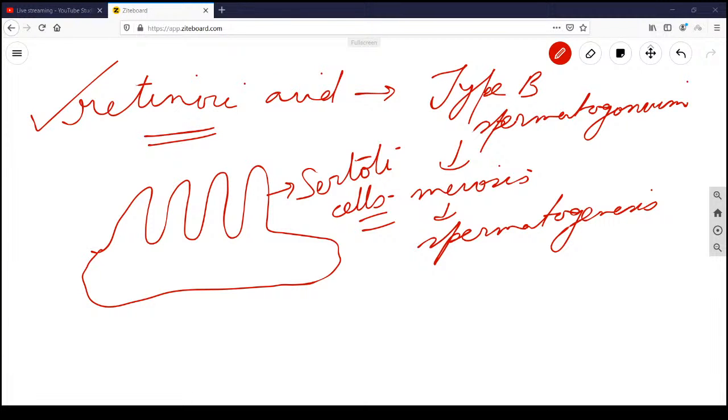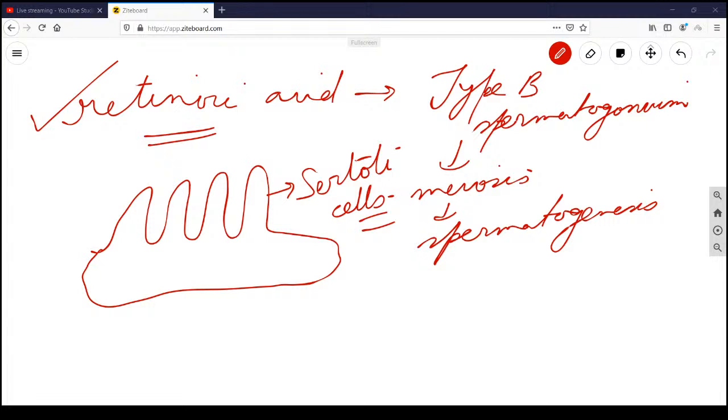Now, the Sertoli cells are complex cells which are regularly distributed throughout the periphery of the seminiferous epithelium and occupy almost 30% of its volume. They are intimately involved in all the stages of spermatogenesis.